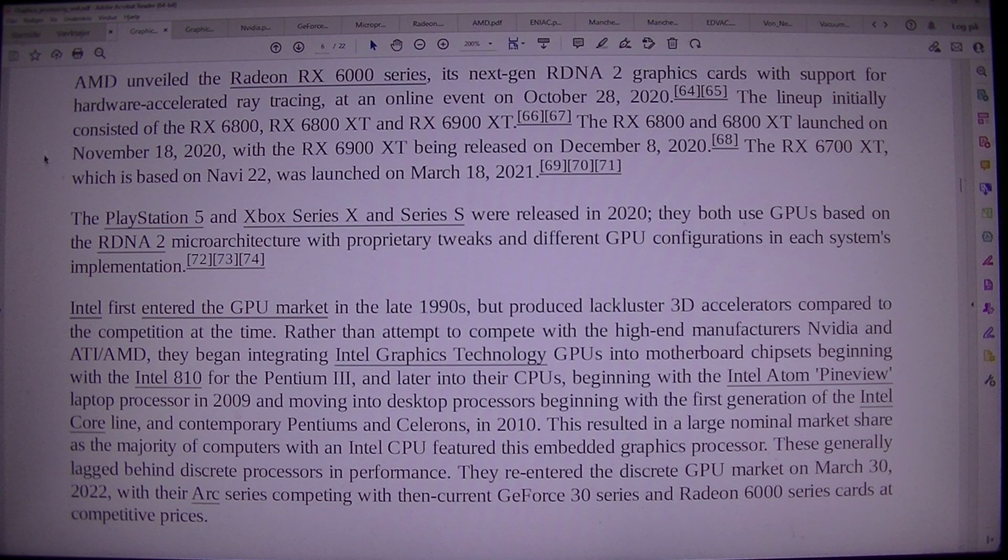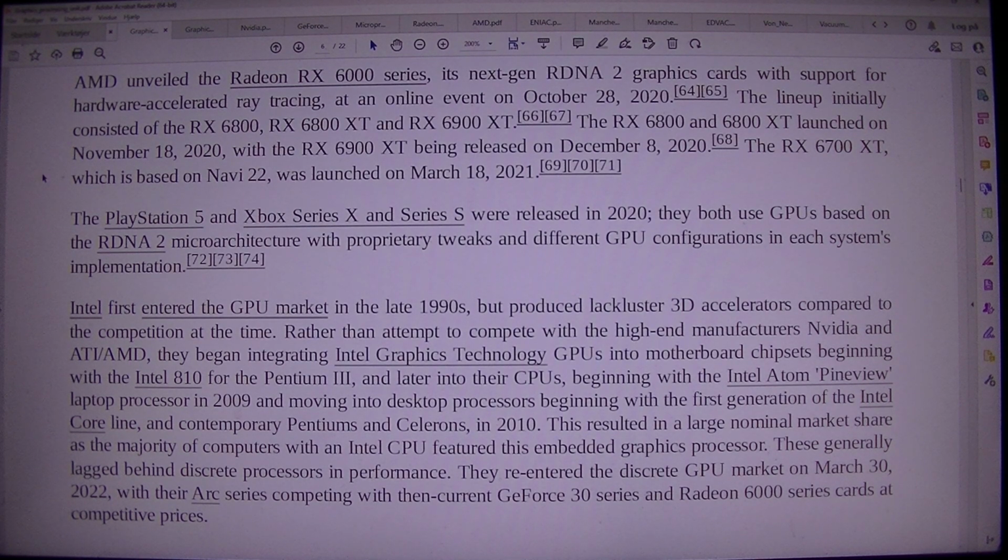The lineup initially consisted of the RX 6800, RX 6800 XT and RX 6900 XT. 66, 67. The RX 6800 and 6800 XT launched on November 18, 2020, with the RX 6900 XT being released on December 8, 2020. 68.